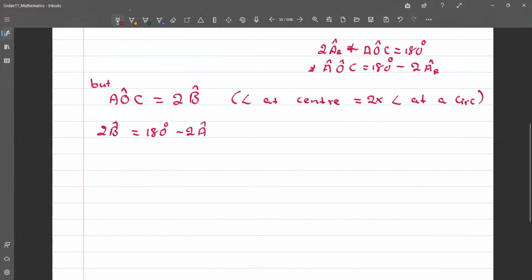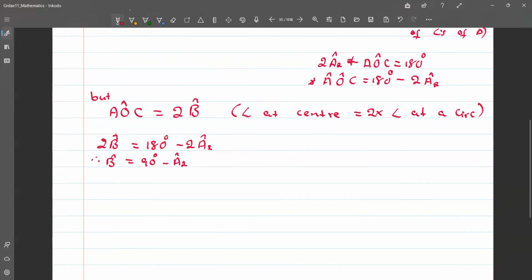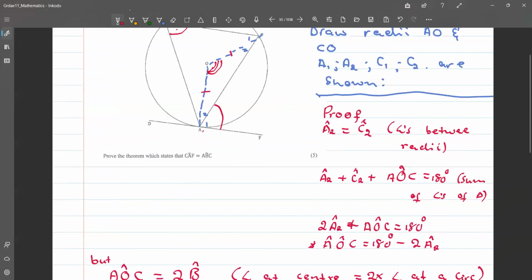You understand why I'm doing this, right? We then divide everything by 2, therefore angle B equals 180 divided by 2 is 90, and 2A2 divided by 2, you get A2. Right. Okay, now we know what angle B is.